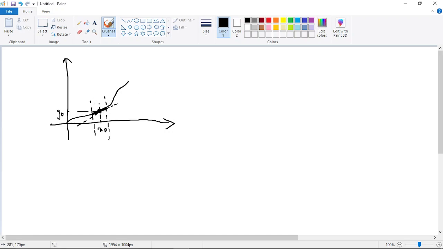So if I zoom in on this point, this may be the actual dynamics curve, and this line may be the linear model. This is the nonlinear, this is the linear. So this curve, for this part, we can represent by this line. This is the very basic principle of linearization.